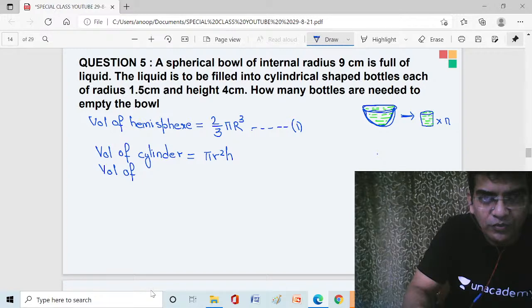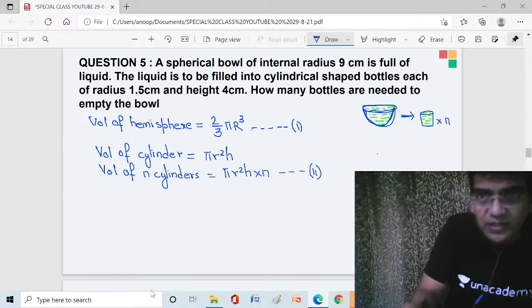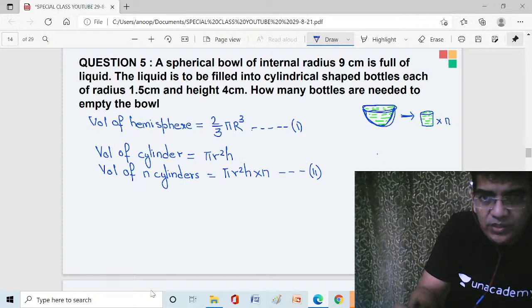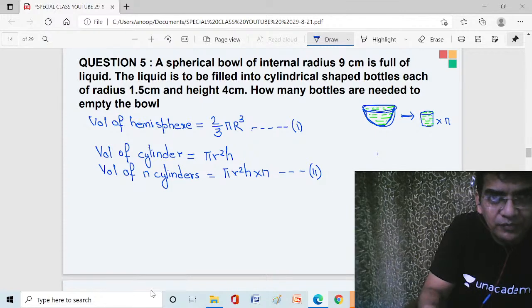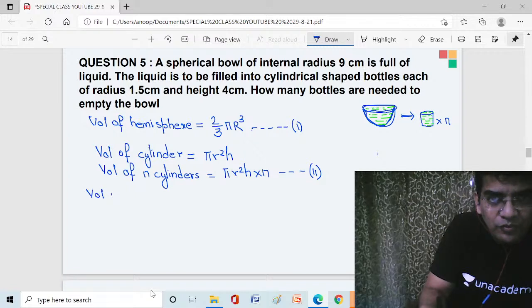Now, as I said, these two volumes should be equal because whether you cast from one solid to another or whether you transfer a fluid from one container to another, volume should be equal. So we are going to equate their volume. So I can write volume of n cylinders will be equal to volume of hemisphere, right?